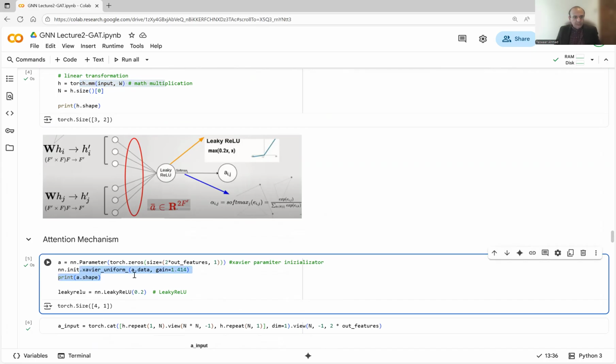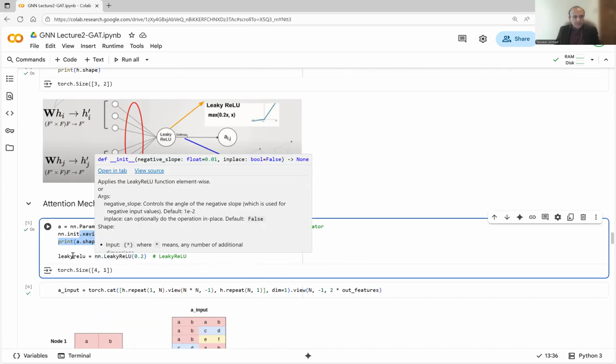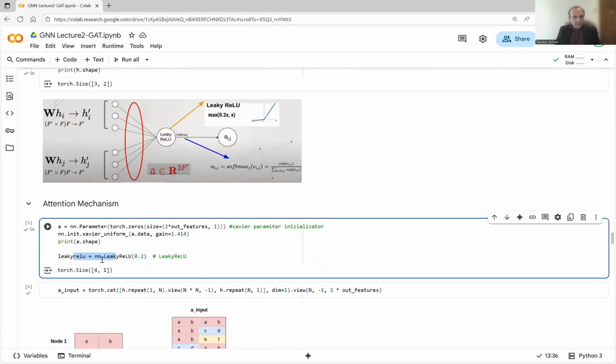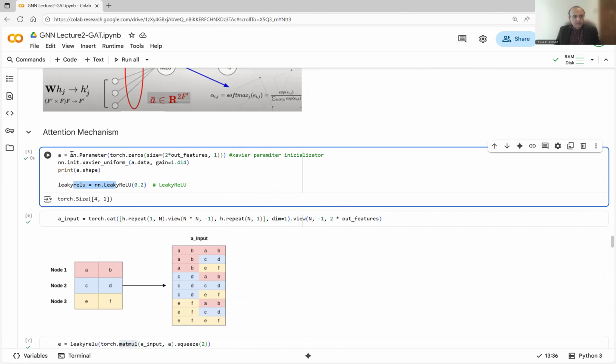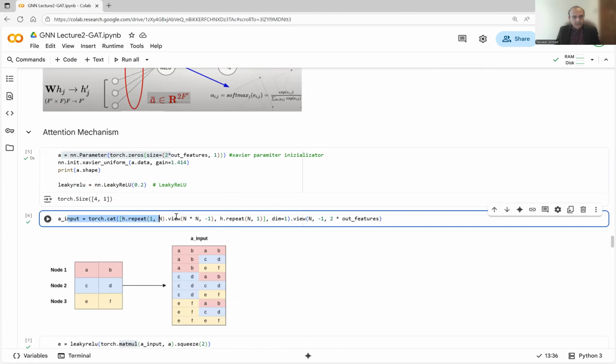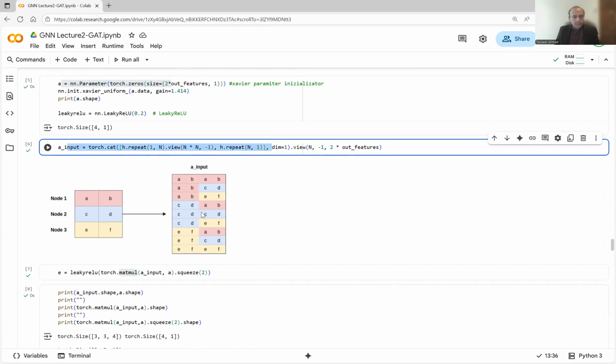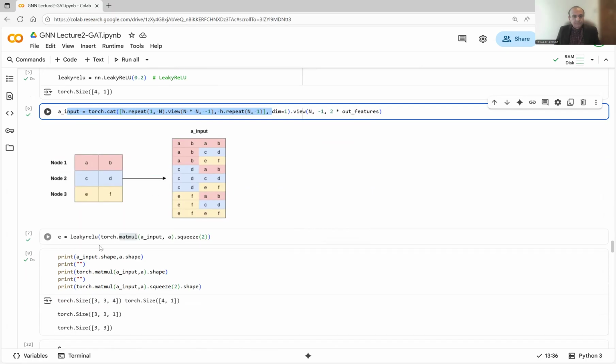Again, this is the attention mechanism, so we apply the leaky ReLU function on it. For the input matrix, we compute all the combinations of this input matrix: node A, node B, and node C. So computing all the combinations of the input matrix, there are 3 by 3 combinations multiplied by 4. Each row has 4 entries.